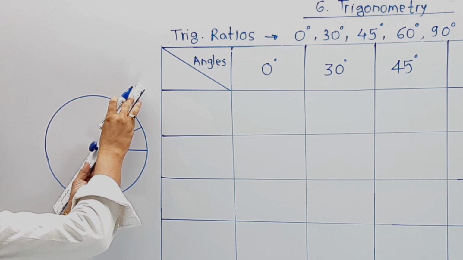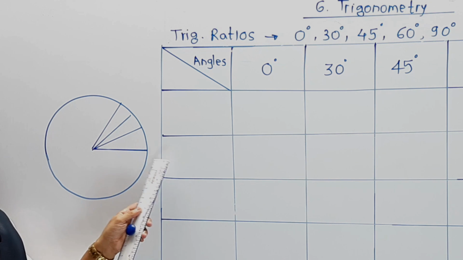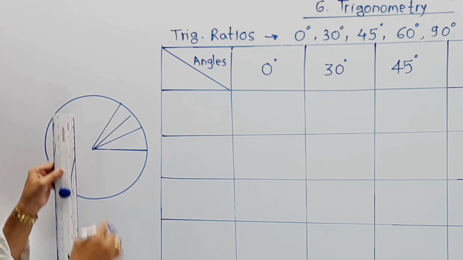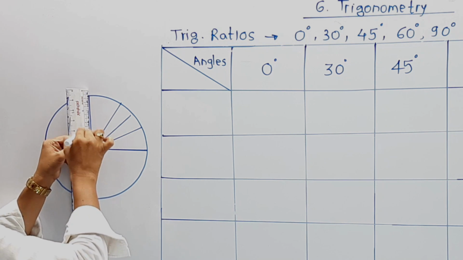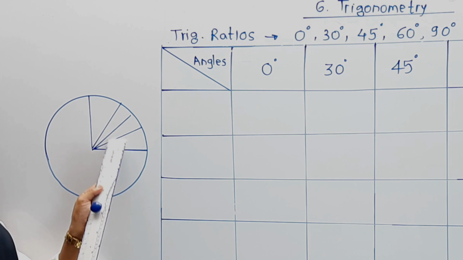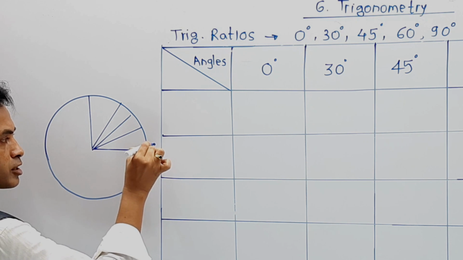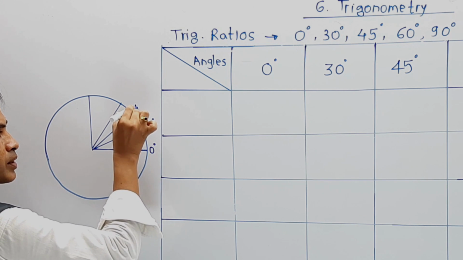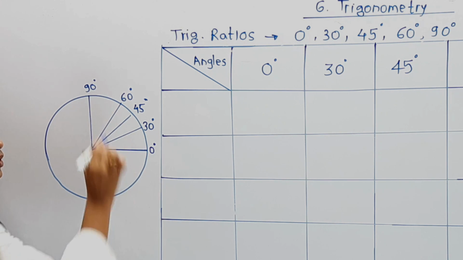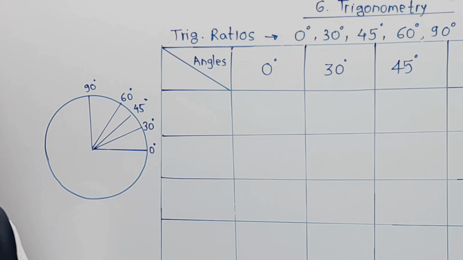For 60 degree, the angle is 60 degree, where one arm is called the initial arm and the 30, 45, 60 or 90 degree lines are the terminal arm. With the help of the unit circle these angles are derived. No doubt it is not exactly part of your syllabus, but you should know the concept of the unit circle.